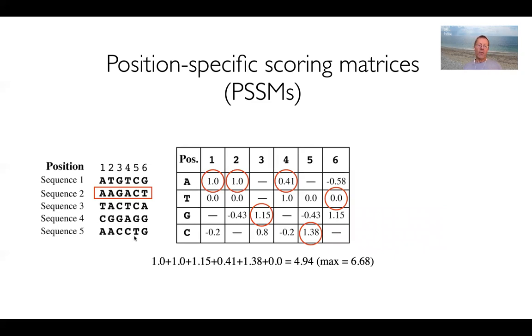And if you took a random sequence or a large number of random sequences, you would essentially get 0. So the random score would be 0.